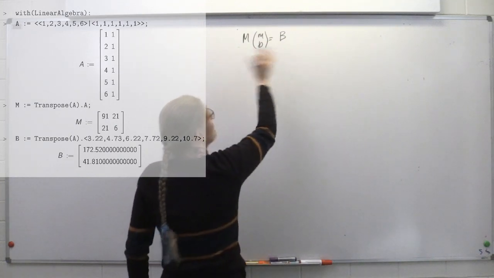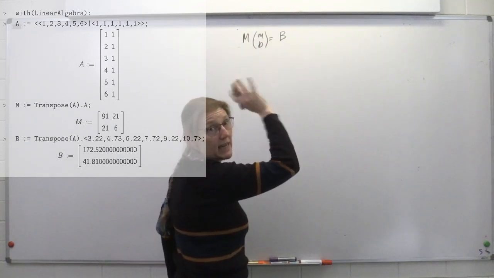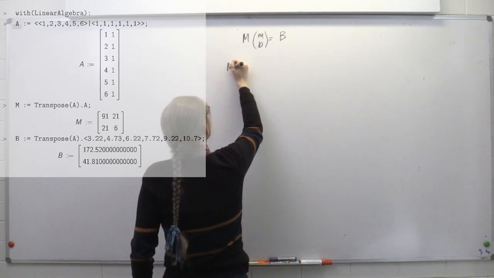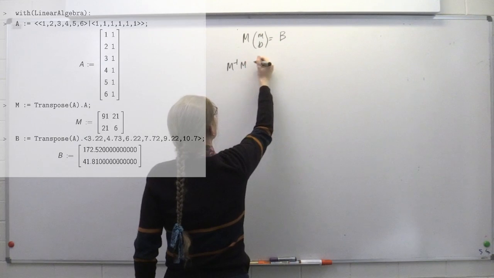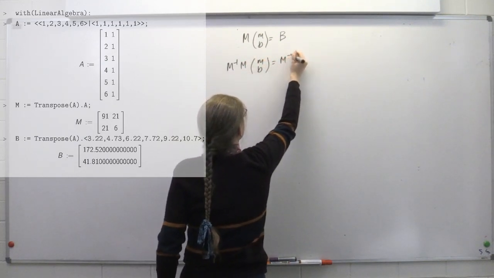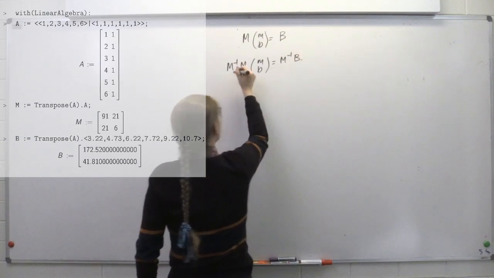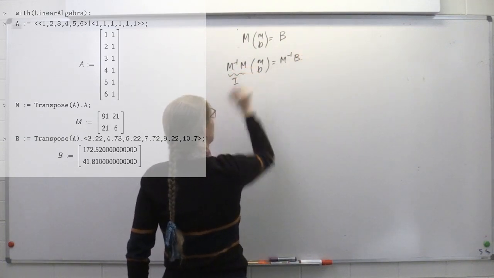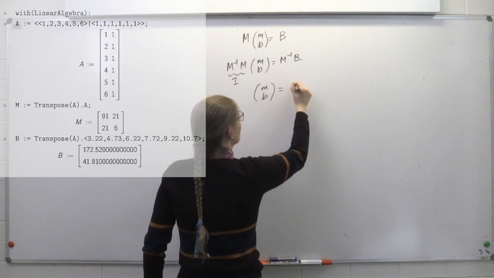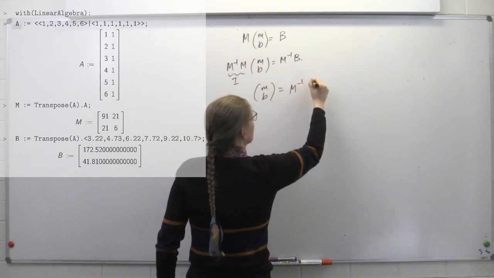So I can multiply throughout by the inverse of M on the left-hand side. To be verbose, M inverse M times MB is equal to M inverse B. This, of course, is the identity. So MB is equal to M inverse times B.